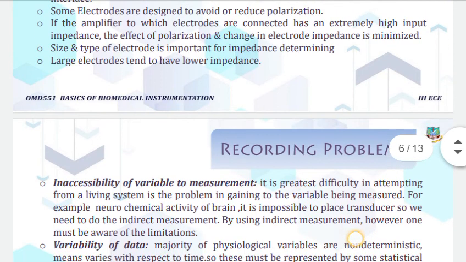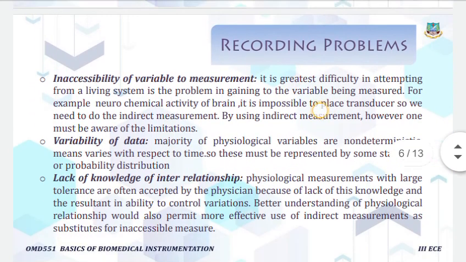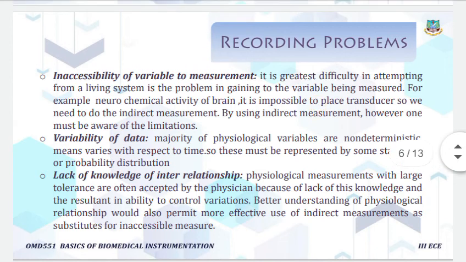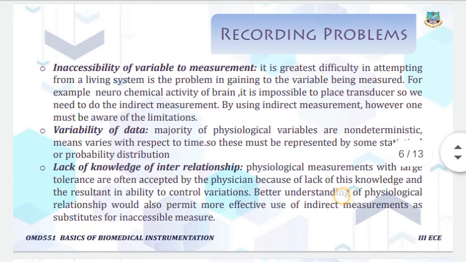Next, these all are the measurements with two electrodes. Then we are going to see the recording problems that arise due to this measurement using two electrodes. The first recording problem is the inaccessibility of the variable to measurements.